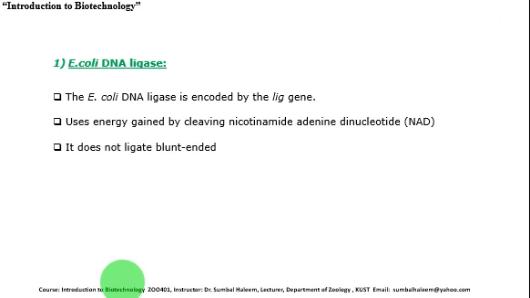However, the problem with this is it doesn't ligate blunt-ended DNA except under certain conditions, like molecular crowding with polyethylene glycol, and it also cannot join RNA to DNA efficiently.